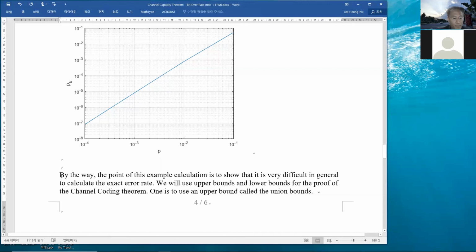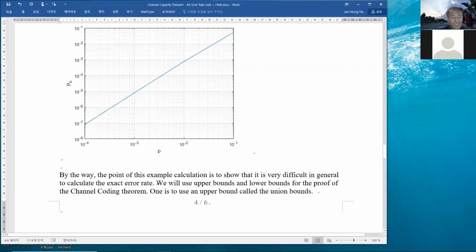In this example, I have shown you how to do an exact calculation, but exact calculation is very difficult to obtain, especially when you increase the length of the block code. One point here is that it is very difficult in general to calculate the exact error rate.